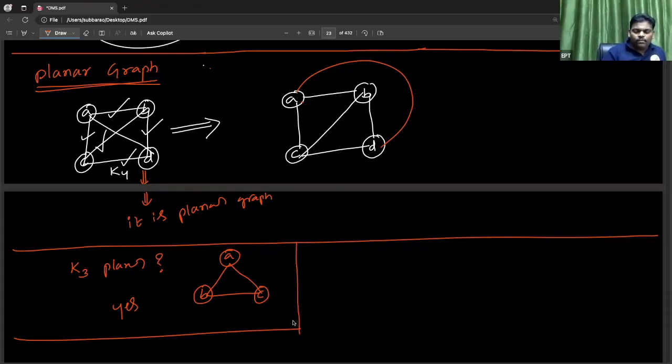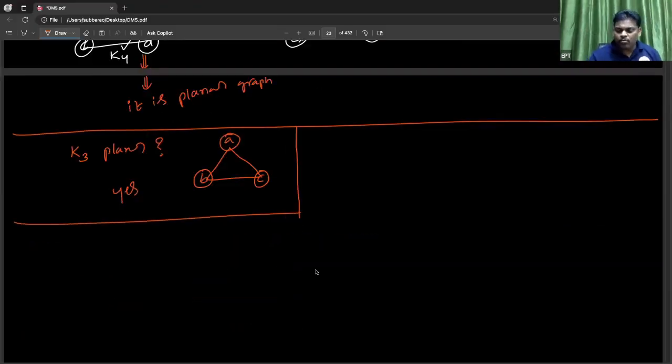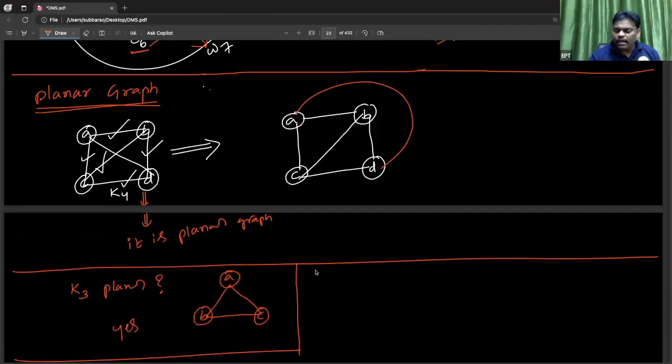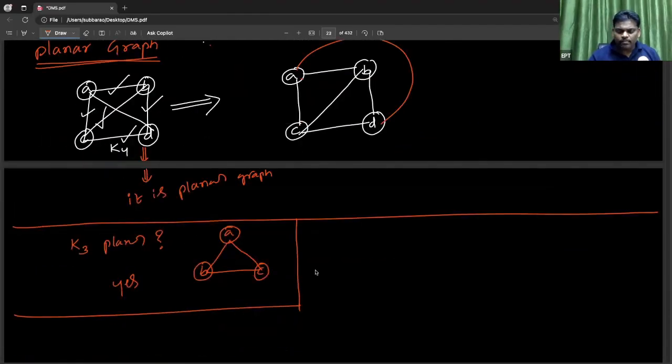Someone is saying some other number. We will see now. Listen, K4 I tried, it is planar. K3 is planar, yes.